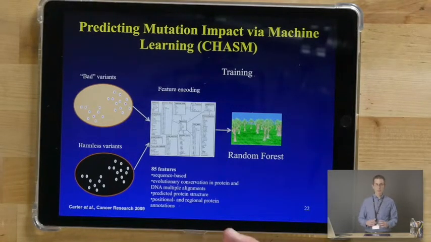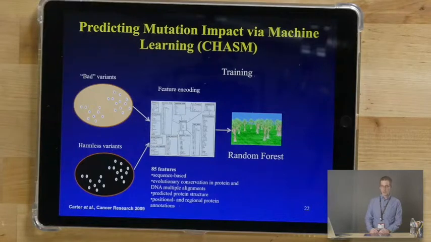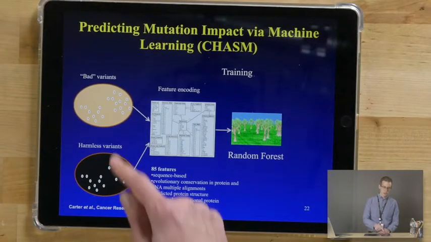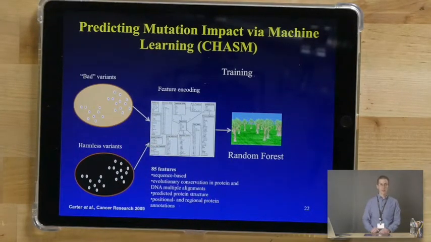Once you have this set of features, you can train a model to discriminate between these different types of mutations. In CHASM, this was done by training a machine learning algorithm called a random forest to distinguish between these two types.